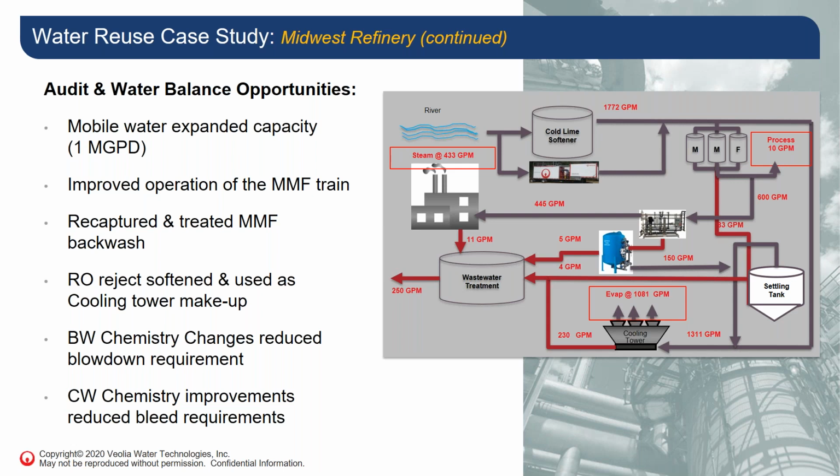And then lastly, with all the changes in makeup to the cooling tower, the change was made to the chemical treatment there as well. And that resulted in a chemical reduction, but also a 33 gallon per minute reduction in cooling tower bleed. Some significant changes with significant results. The waste treatment effluent dropped from over 500 gallons per minute to less than 250.